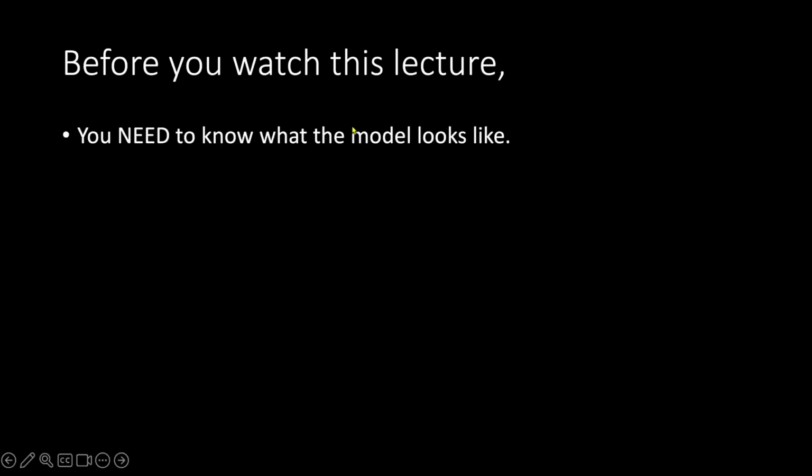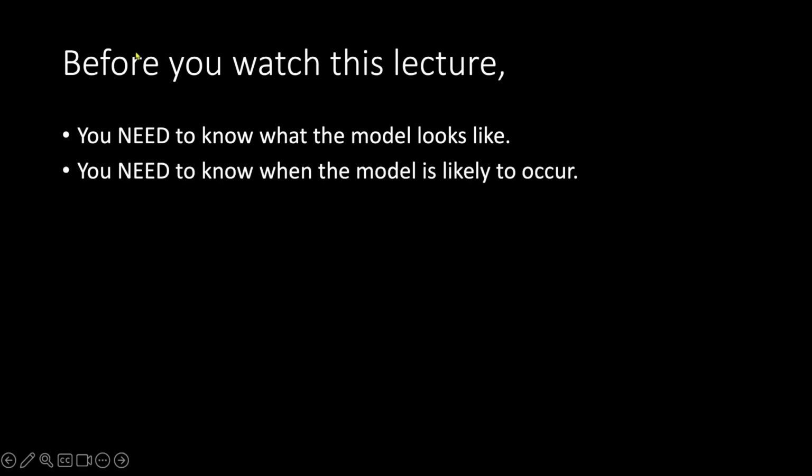Before you watch this lecture, there are a few things that need to be very clear to you. You need to know what the model looks like. If you do not understand what the model looks like, this lecture will do you no good because you're watching this lecture way too soon. Secondly, you need to know when the model is likely to occur. If it's not clear to you yet when the model is likely to occur, then me breaking down when I believe it is likely to occur will not do you any good, because you would just take my word for it, not based on your own understanding.